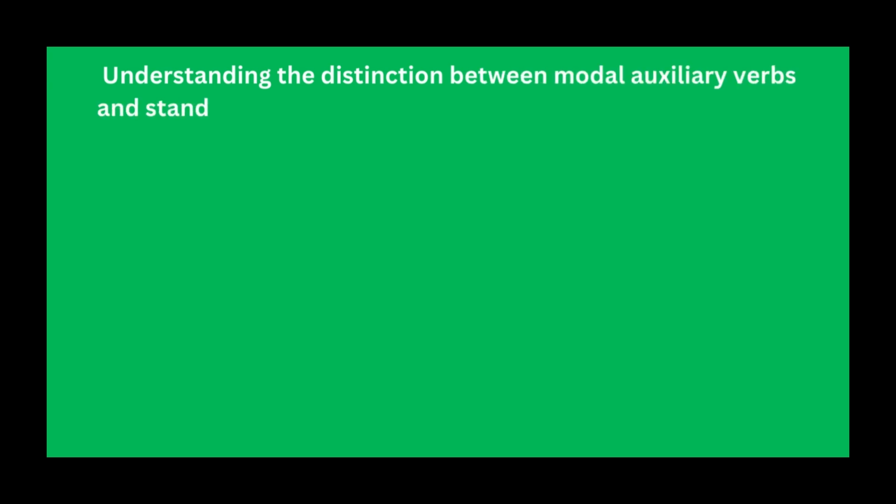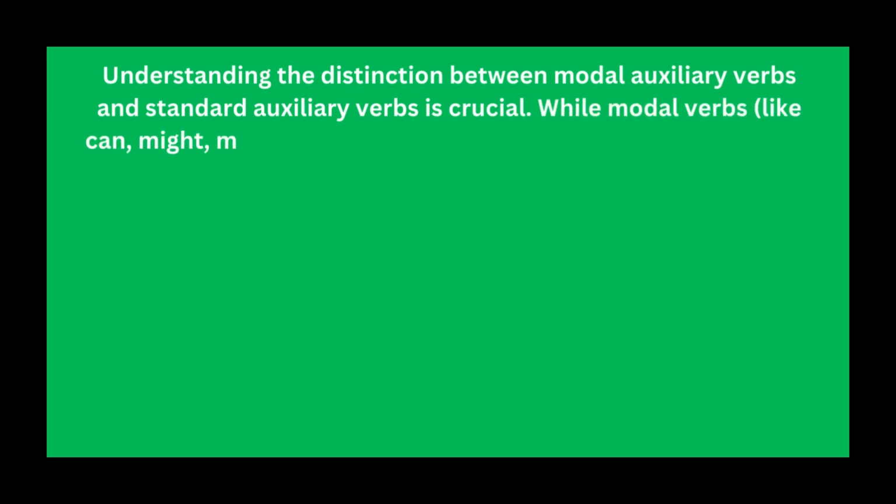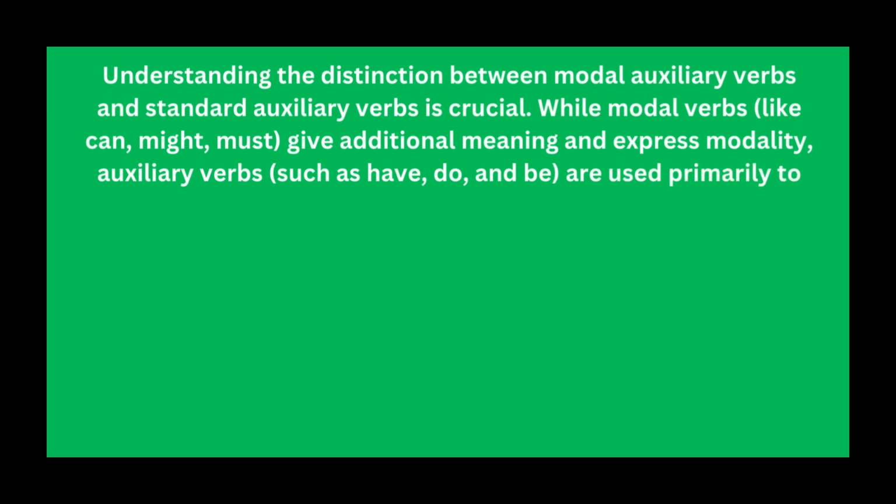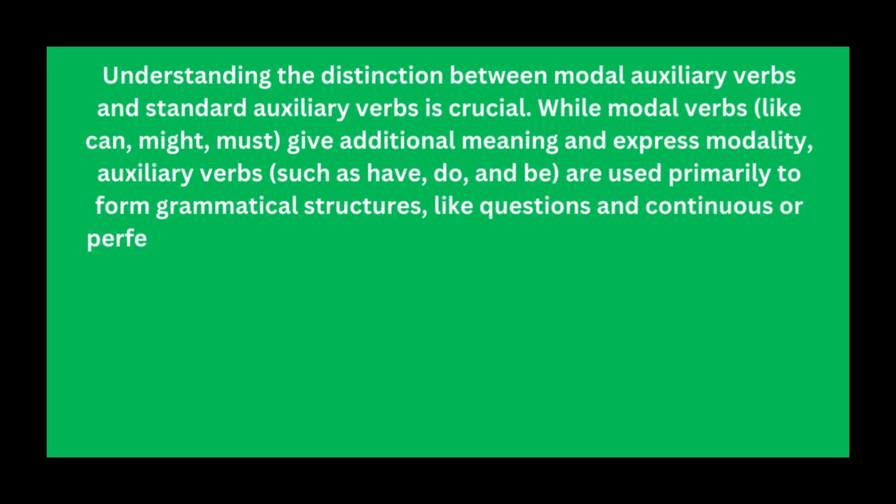Understanding the distinction between modal auxiliary verbs and standard auxiliary verbs is crucial. While modal verbs like can and might, and also must, give additional meaning and express modality, auxiliary verbs such as have and do and be are used primarily to form grammatical structures like questions and continuous or perfect tense.